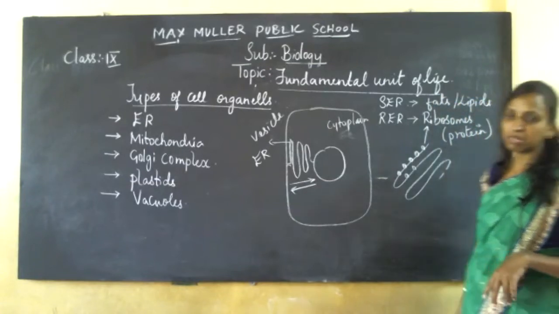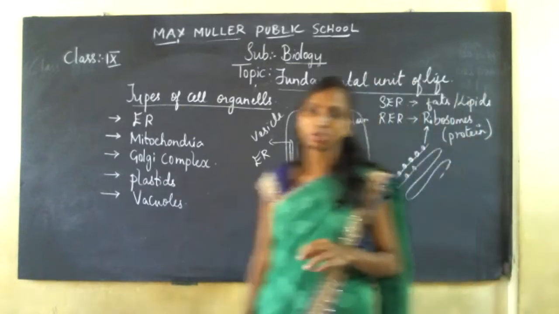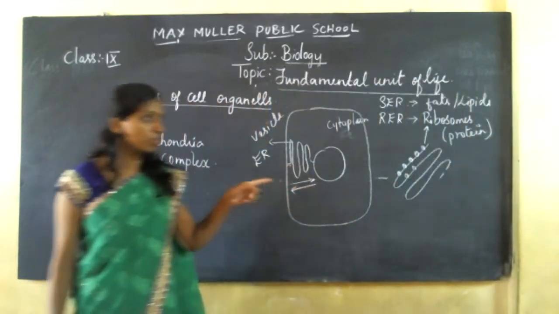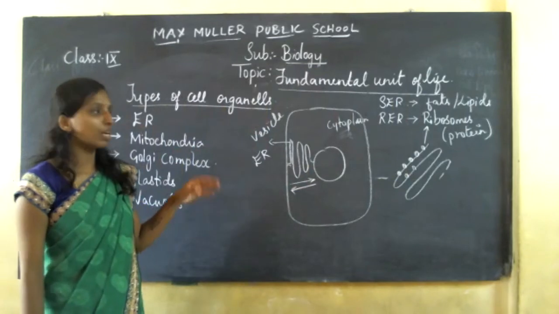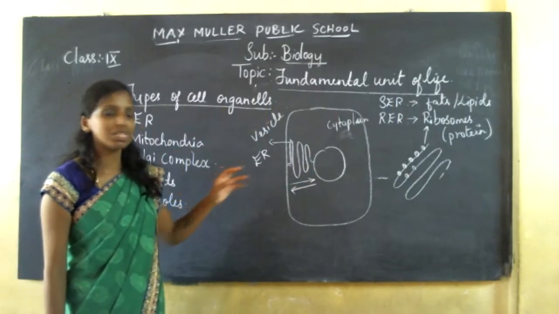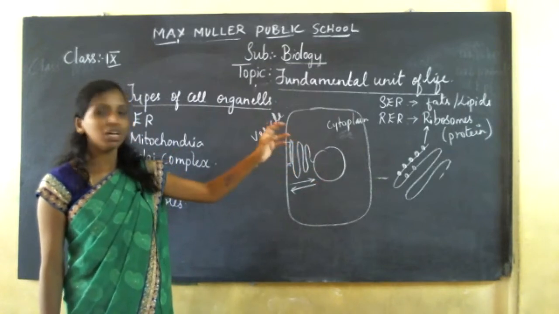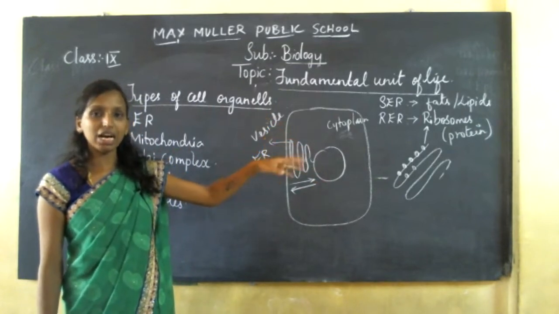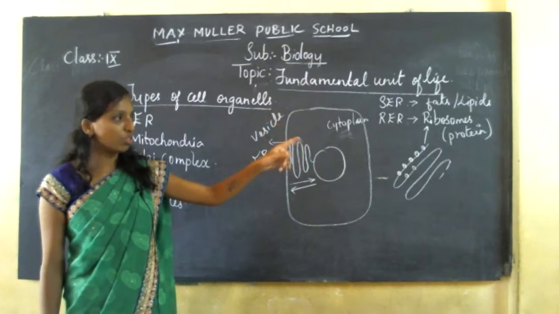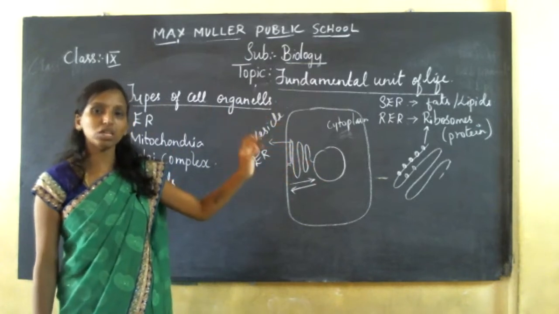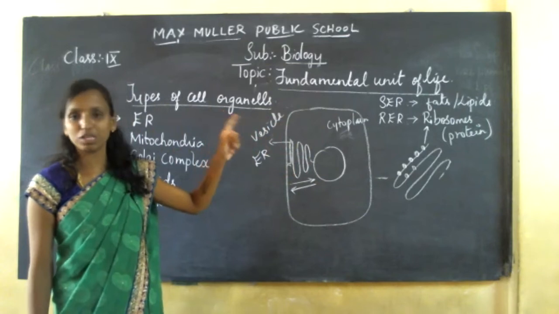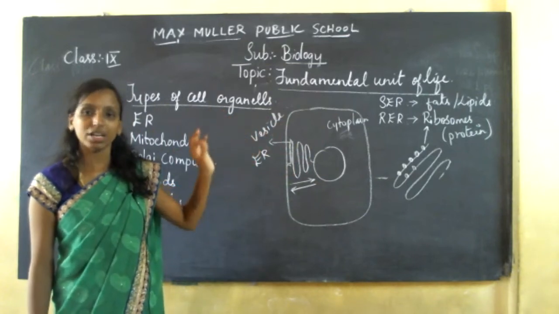Fats and lipids are synthesized in the smooth endoplasmic reticulum due to the absence of ribosomes. So protein synthesis takes place in the RER, rough endoplasmic reticulum, with the presence of ribosomes, where fat molecules get synthesized in the smooth endoplasmic reticulum with the absence of ribosomes.